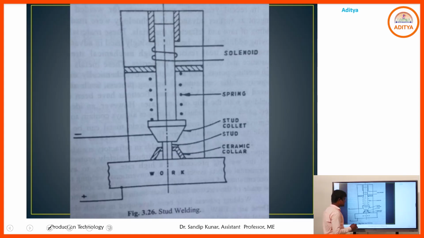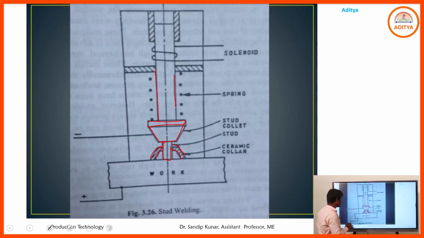Here we are seeing the collar, that is the stud component, and that is the stud collet material, and that is the ceramic collar that helps to hold the stud component. That is the spring, and that is the solenoid arrangement, and using the electrode we hold the stud material.